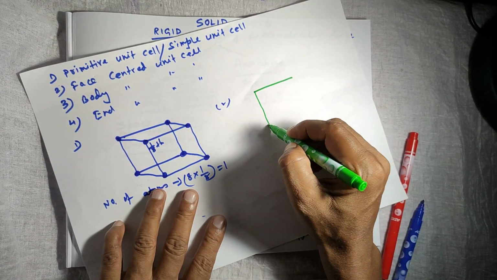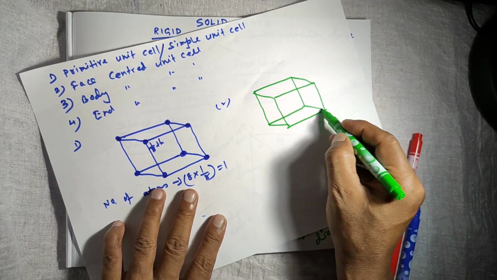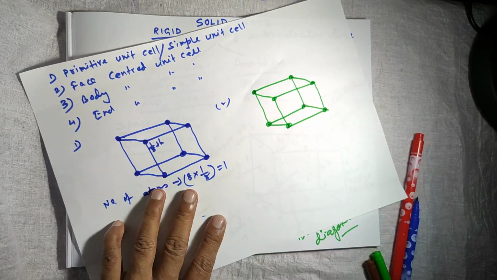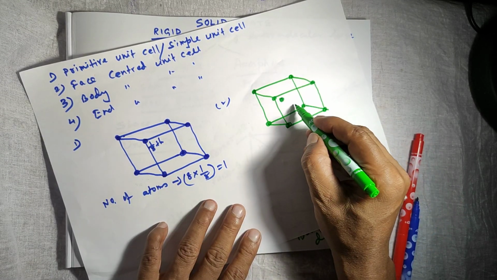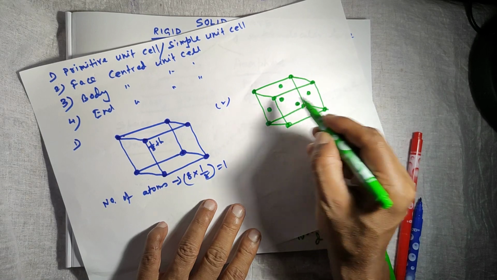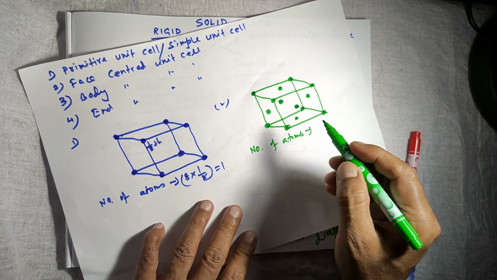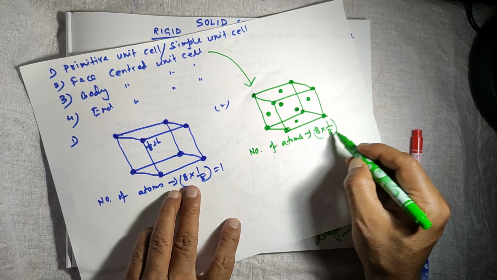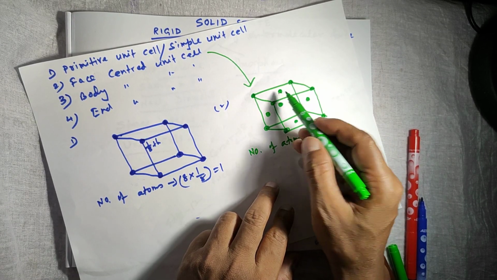Number 2, face centered. Corners contain atoms, and each face contains an atom: the backside face, the front side, the center of each face. So the number of atoms in the face centered unit cell will be 8 into 1/8 plus the contribution for a single face, which is half.